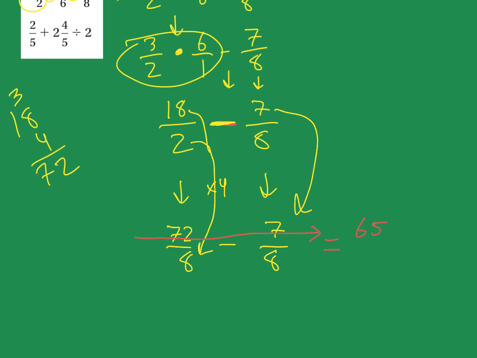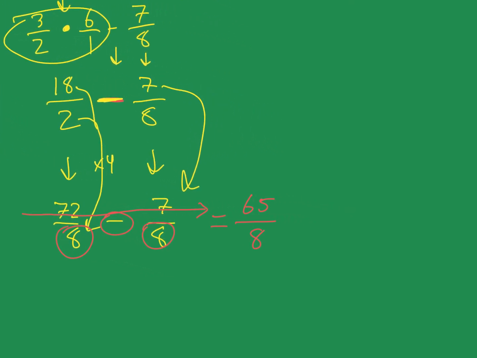And then if you know about subtracting, the denominator just stays the same. We don't subtract the denominator after we have a common denominator. So now we have an improper fraction. We're going to turn this into a mixed number because mixed number is the simplest form. So again, we're looking for the simplest form always in our final answer.